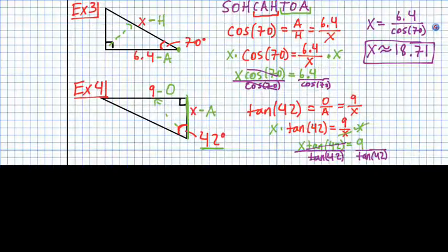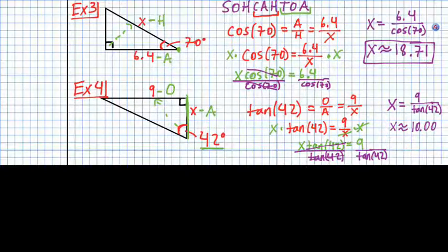And what we'll see is that we get x is equal to 9 divided by the tangent of 42, and we can put this directly in our calculator. And what you should get is that it is approximately going to be 10.00. So x is approximately 10.00.